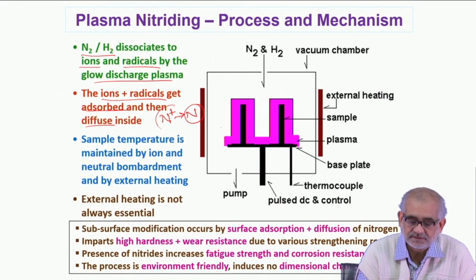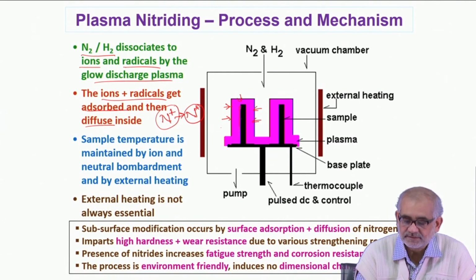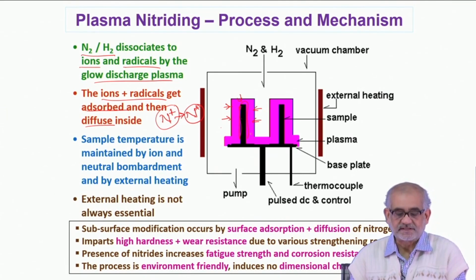So these nitrogen ions coming from the plasma come in contact with the surface of the workpiece, acquire electrons and reach a neutral state, but this is an activated state, and now it's ready to diffuse inside. So nitrogen now comes from all sides, and that's how it gets absorbed and then diffuses inside.